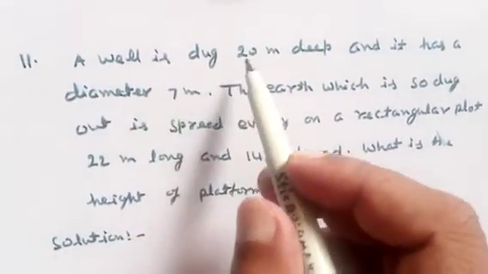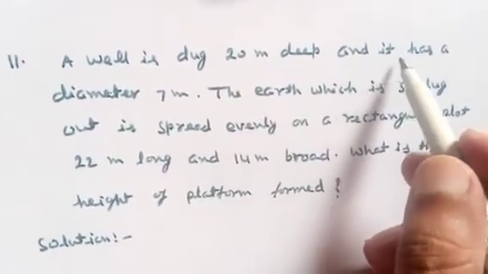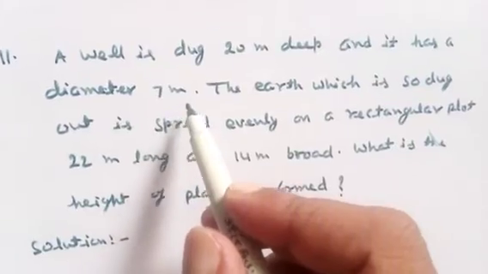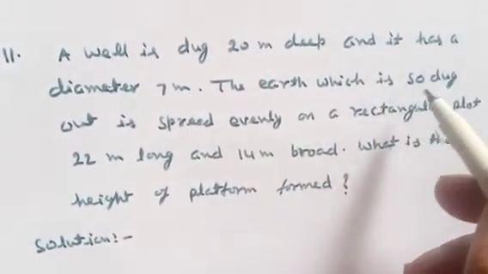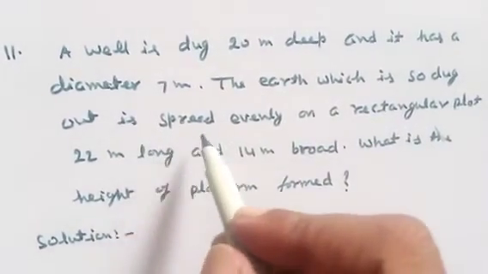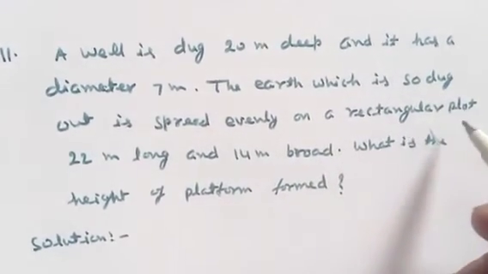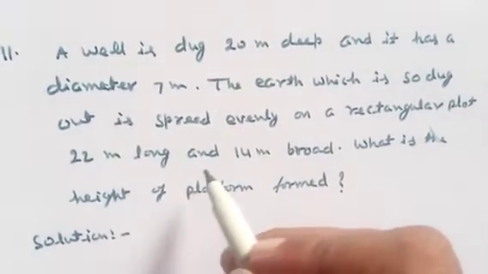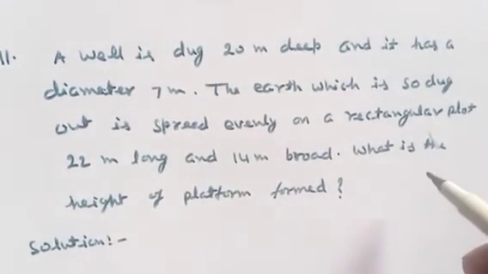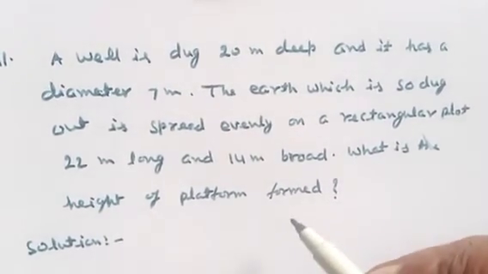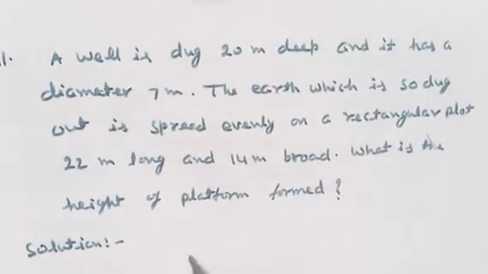Next question 11. A well is dug 20 meter deep and it has a diameter 7 meter. The earth which is so dug out is spread evenly on a rectangular plot 22 meter long and 14 meter broad. What is the height of platform formed?